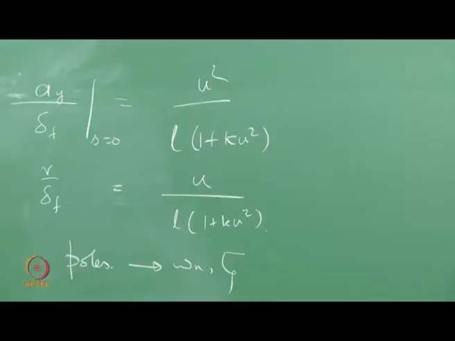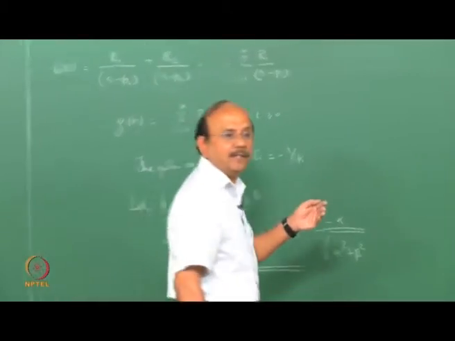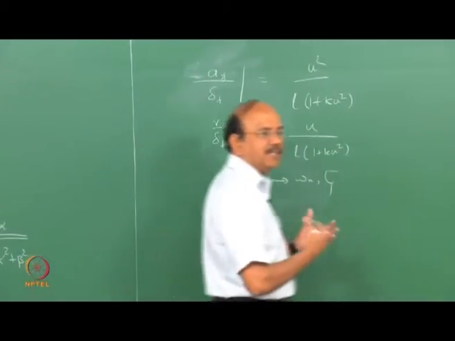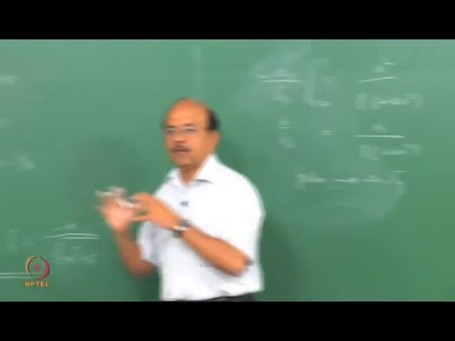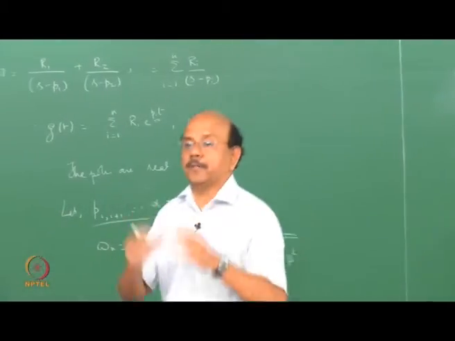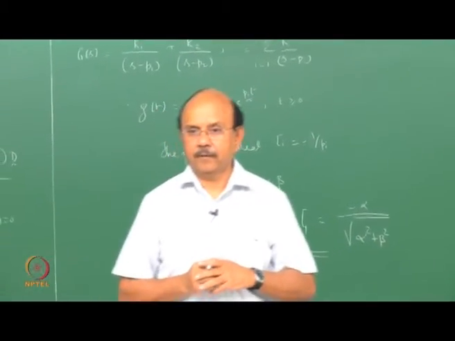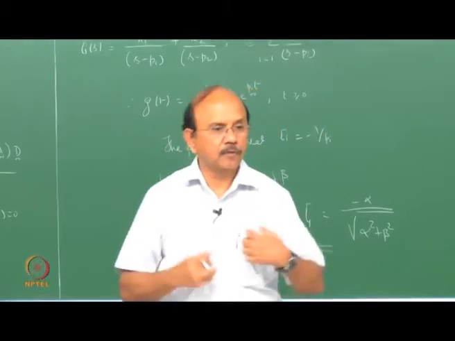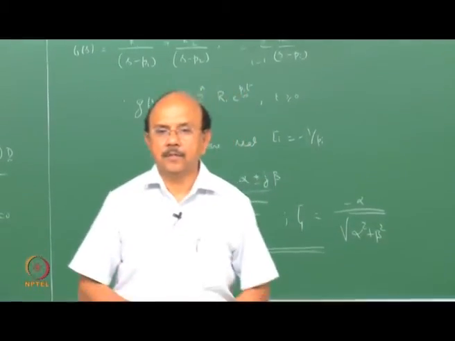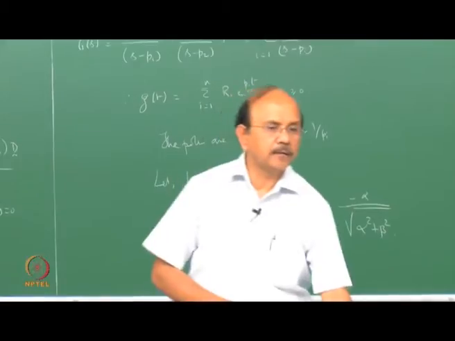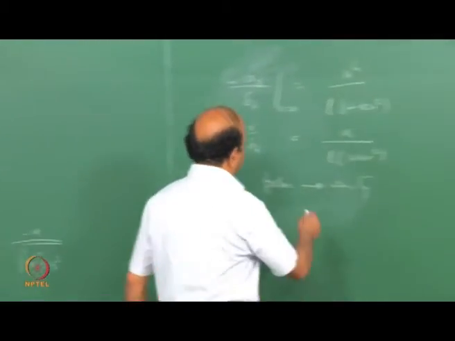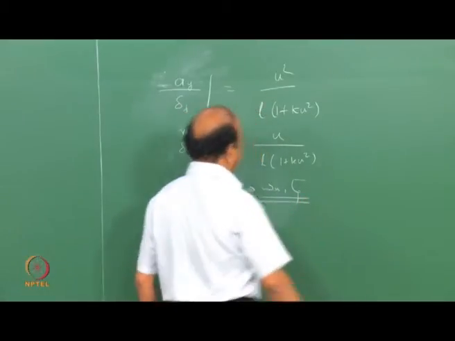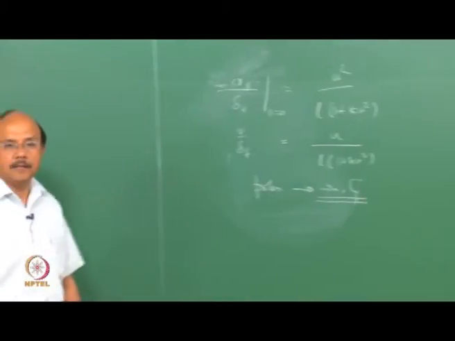Why are we doing this? Remember in the last class, we said that we need to understand this whole concept of the response from an objective perspective, and hence we need to understand how the system actually behaves, and how it can be written in terms of omega n and delta.